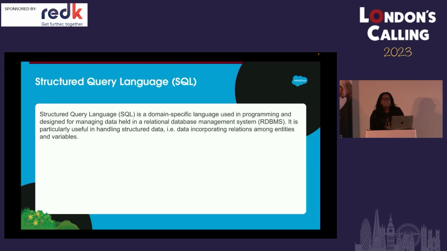Okay. So the next language that I'm going to talk about is structured query language, SQL, which if you're a Salesforce programmer, you're already kind of used to working with relational database systems and SQL. Our SQL in Marketing Cloud is a little bit watered down.